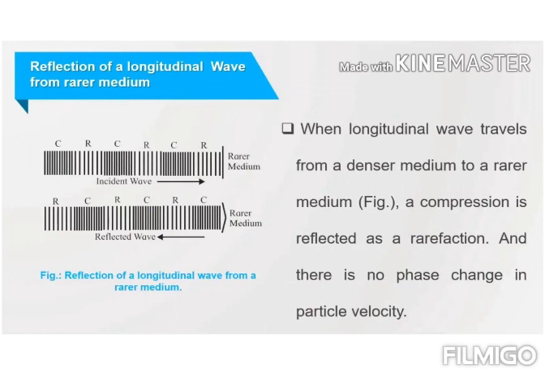Due to this, particles of the rarer medium get compressed and move forward, and a rarefaction is left behind. Thus, a compression gets reflected as a rarefaction. Similarly, a rarefaction gets reflected as a compression.